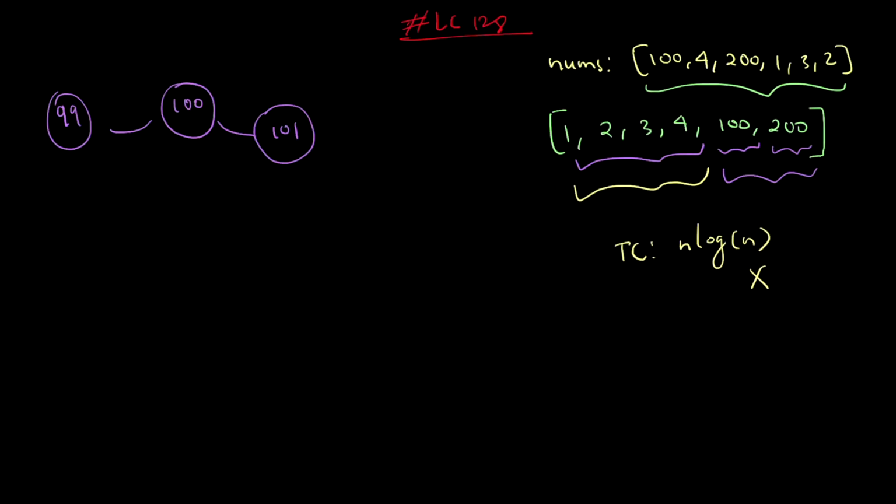Going back here, how do we recognize the start of a series? For example, if we have the unsorted array here, how do we know if 100 is the start of a new series?